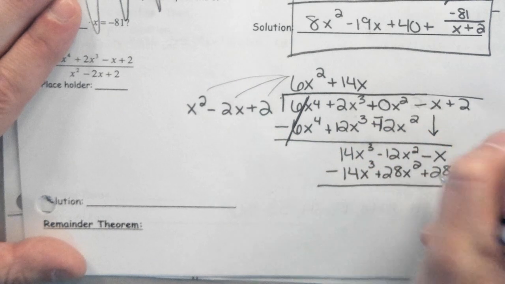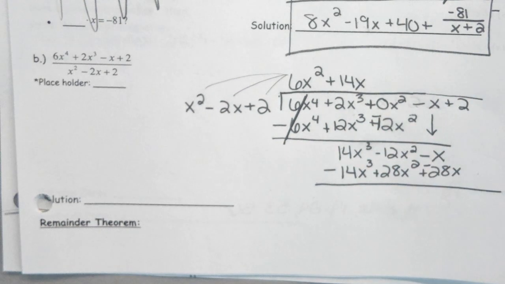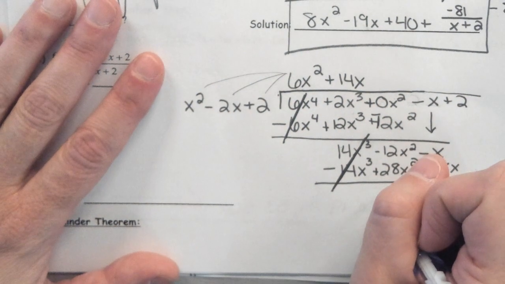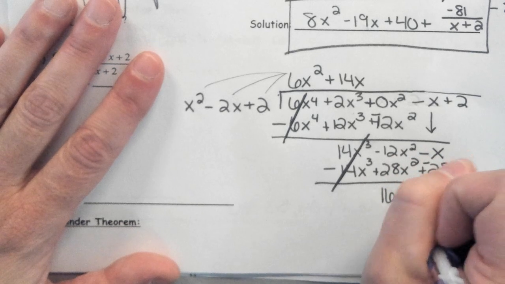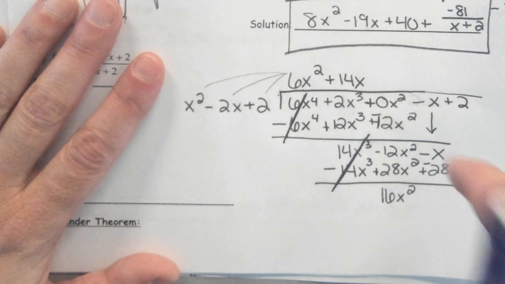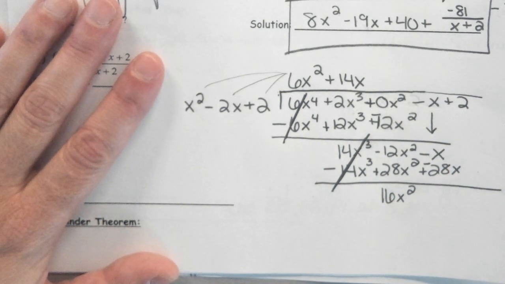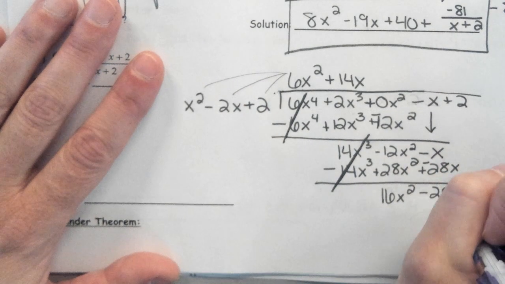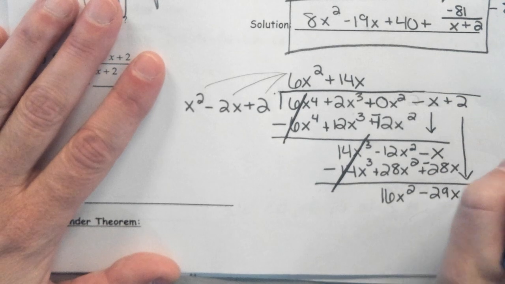Change all the signs. What happens to the 14s? Yeah. What happens here? And then negative 1 minus 28 more. Negative 29, right? Bring down the 2.